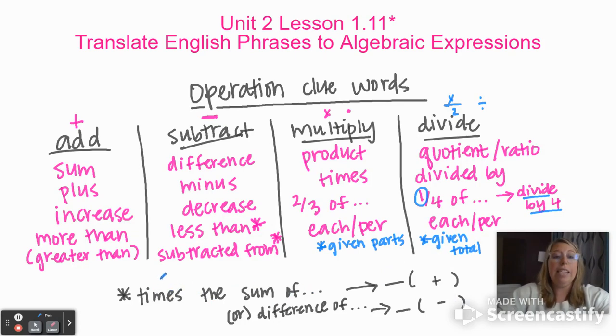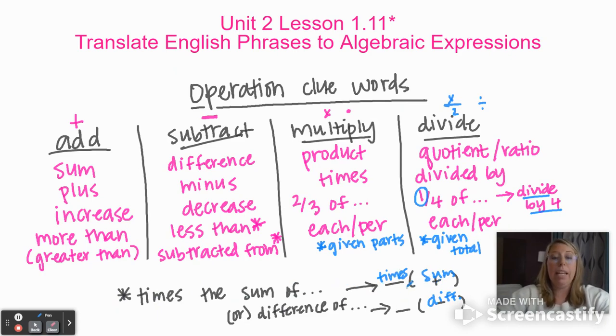So if you see times the sum of or times the difference of, the times number, so it's like 3 times the sum of blah, blah, blah, that times number goes here. Times goes in the blank. And then this would be your sum or your difference. So if you see this particular phrase set up in that way, that's an indication to set up a distributive property problem.